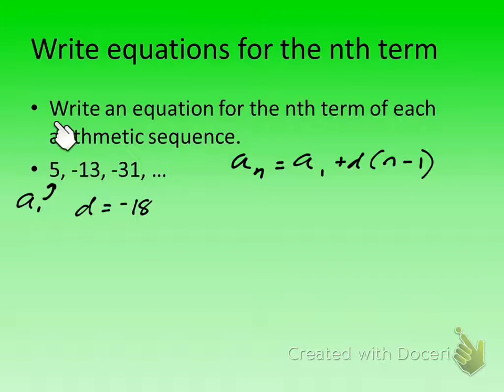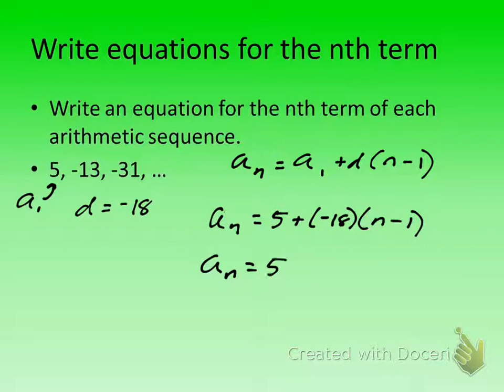That is literally all you need, because we won't know what place we're talking about. We want an equation for the nth term, which is this A sub n from two slides ago, remember? So we won't know this n either. So that's all you need. Plug it in, solve it up. All right, so A sub n equals A sub 1, which was 5, plus negative 18 times n minus 1.